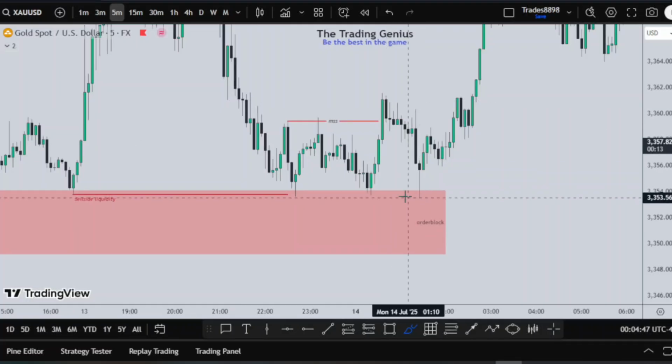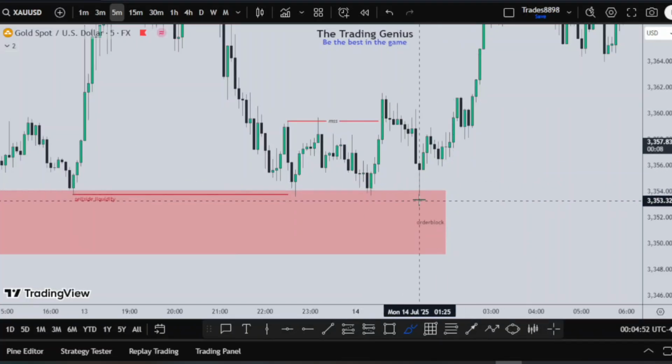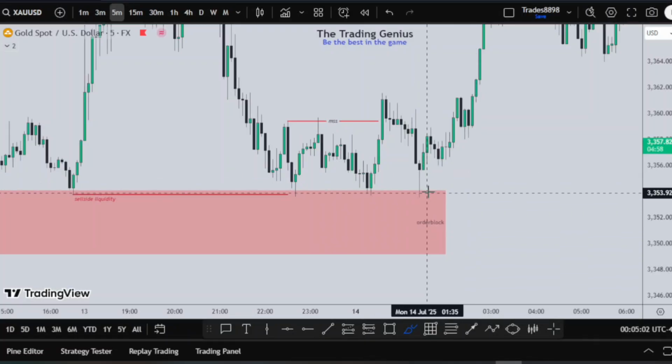But when it comes down, it can never close below the previous low. It is a wick below, but it's not a body close. That is a really big difference. We want to see a body close if we want to know if it's going to the downside or not. But this is not a body close. It is a wick below, but not a body close below. So this signifies that we are not bearish, we are bullish.